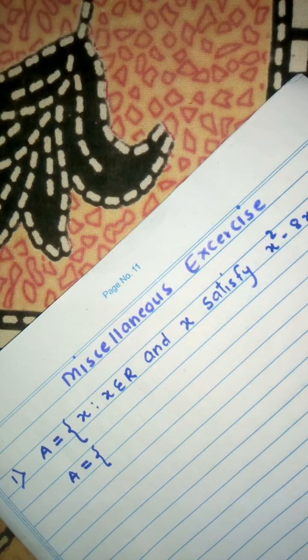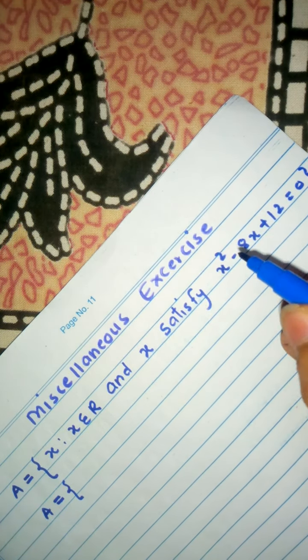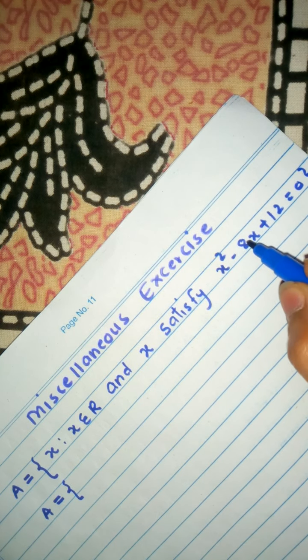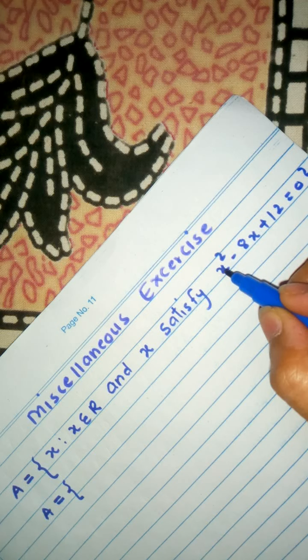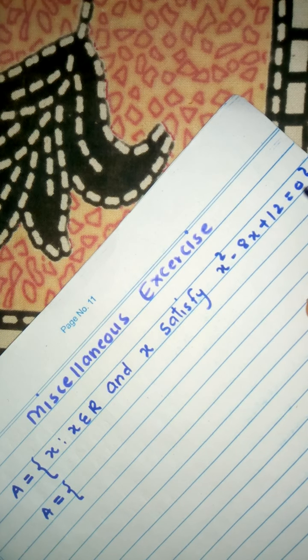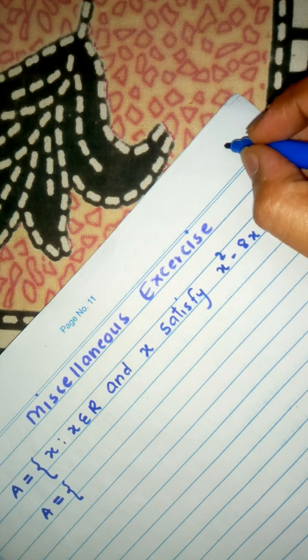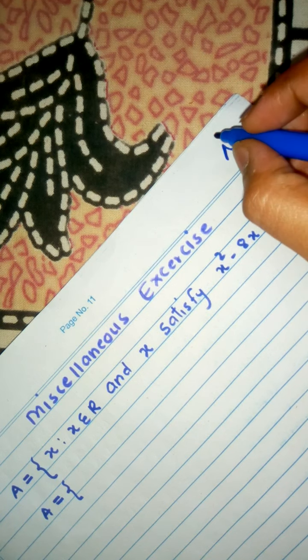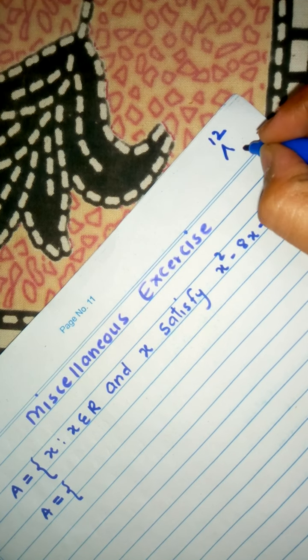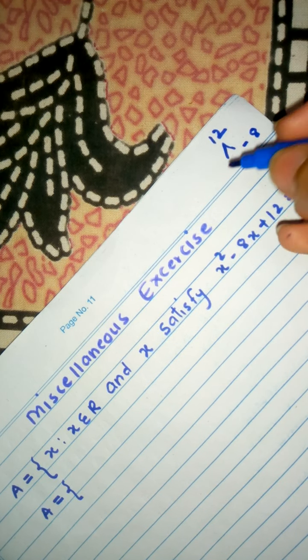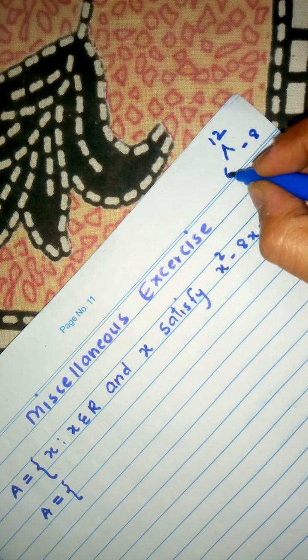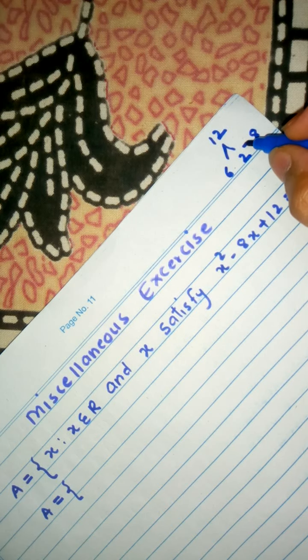They have told us that x satisfies this equation, so first we will find the values of x. This is a simple quadratic equation, so let us solve it. We have 12 here and 8, so if we write 6 and 2, I think this should work.